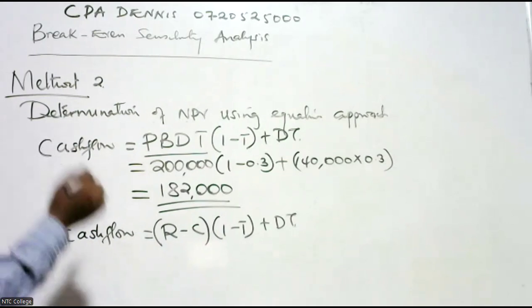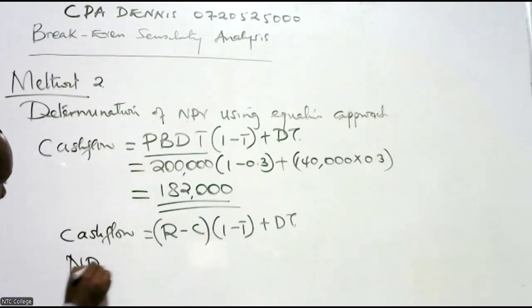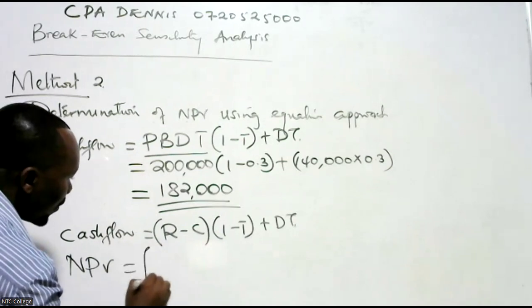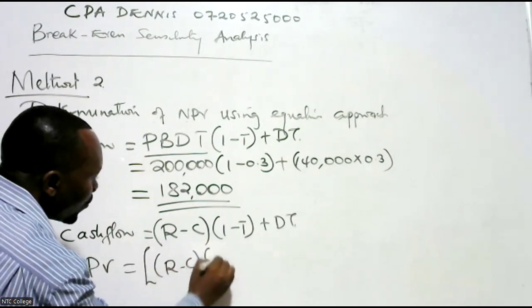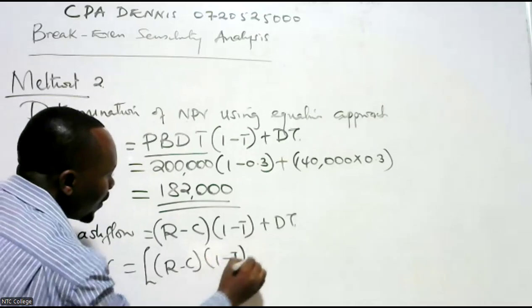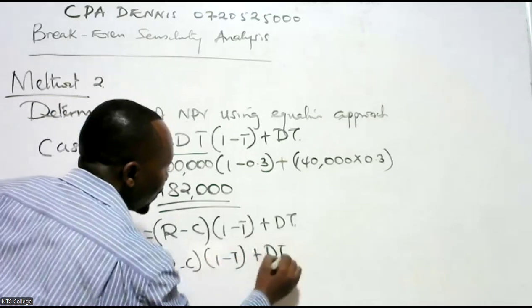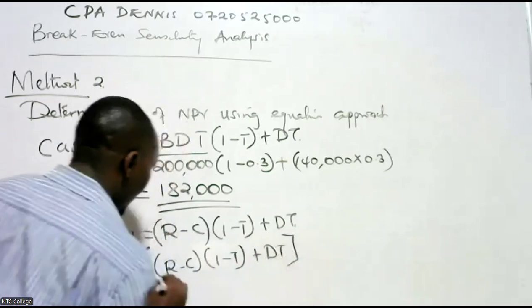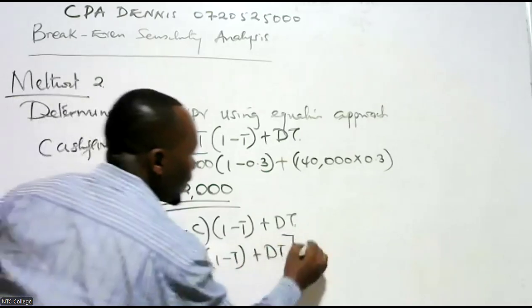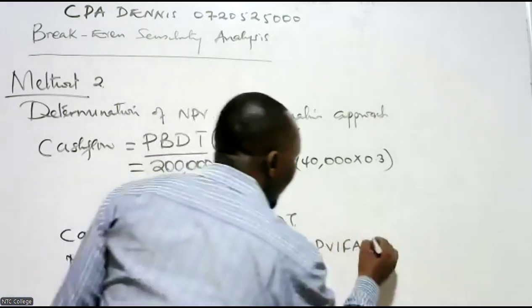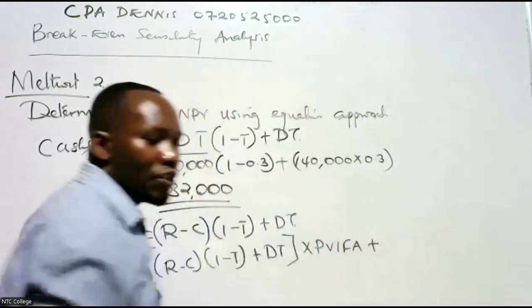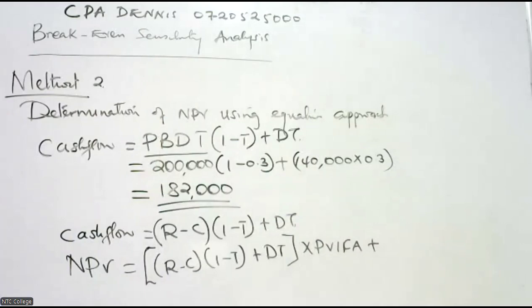What about our NPV? NPV is now the cash flow, which is R minus C into 1 minus T plus DT. All this, which is now the cash flow, times PV factor. Of course, you now need to add the residual value, which was how much?